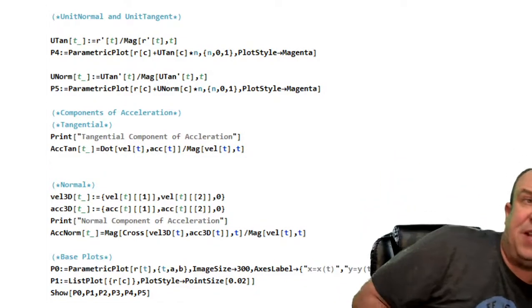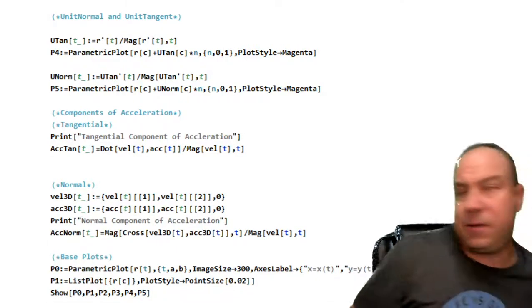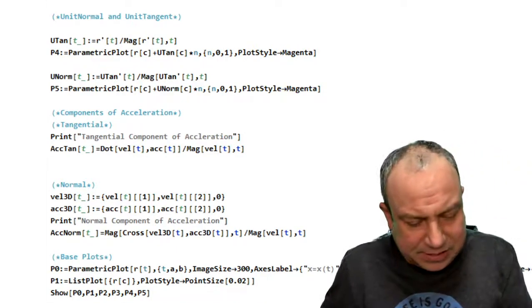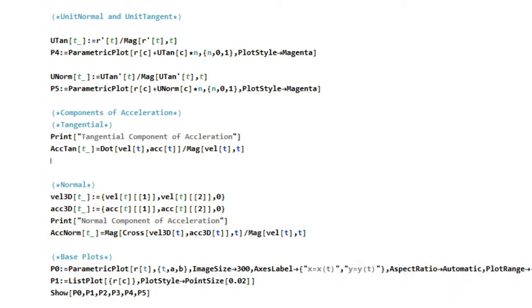For the tangential here, right? For the tangential, all right, folks, the finish line is in sight. Let's see here. We want to graph these scalar values.